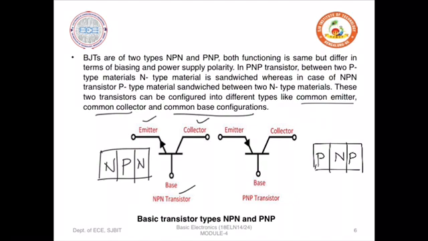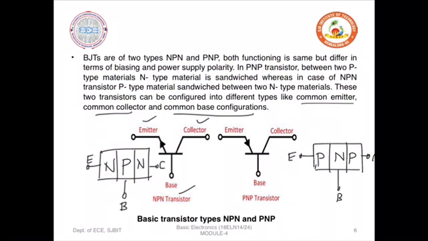In the NPN transistor, the n-type material on the left hand side becomes the emitter, the n-type material on the right hand side becomes the collector, and the p-type material in the middle becomes the base. Similarly, for the PNP transistor, the p-type material on the left hand side is the emitter, the p-type material on the right hand side is the collector, and the n-type material in the middle is the base.